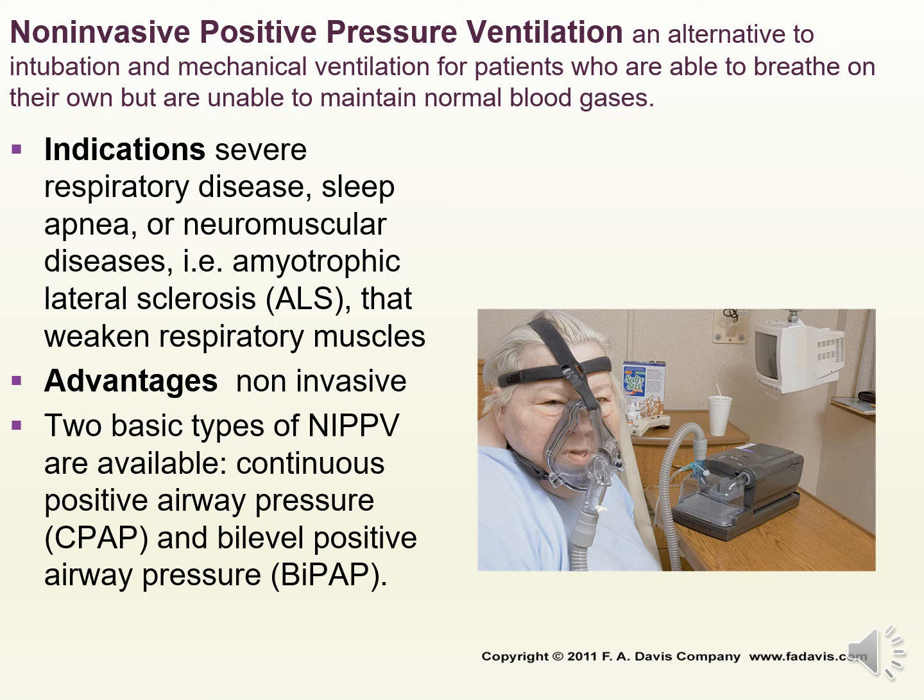The advantage of non-invasive positive pressure ventilation is that it's non-invasive. There are two basic types: continuous positive airway pressure, also known as CPAP, or bilevel positive airway pressure, also known as BiPAP.